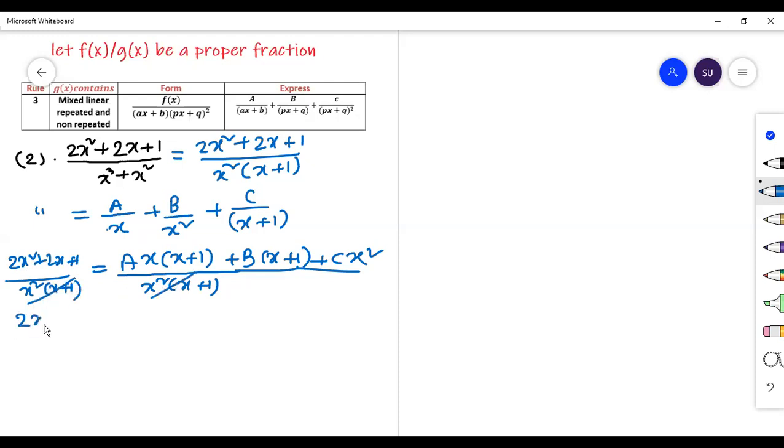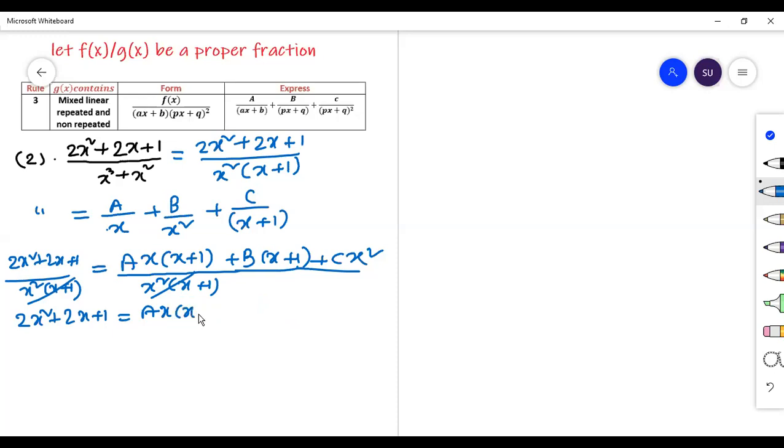Finally it is 2x square plus 2x plus 1 is equal to A into x into x plus 1, that is A into x square plus x, plus B into x plus 1, plus C x square. You can just leave it like this, later you can multiply.